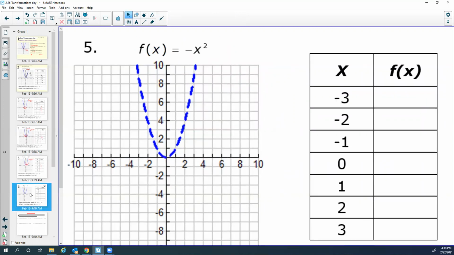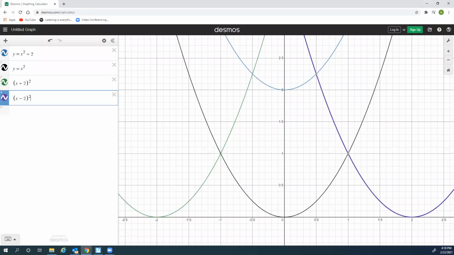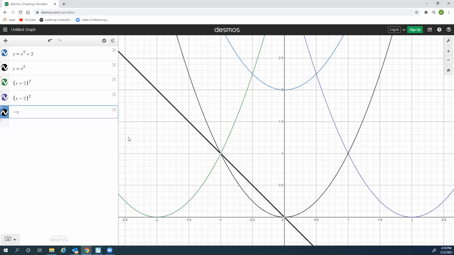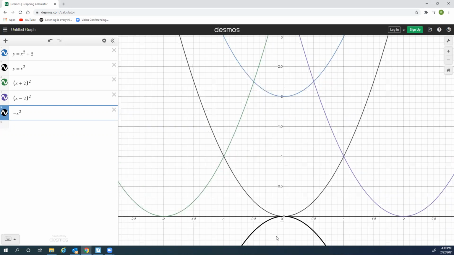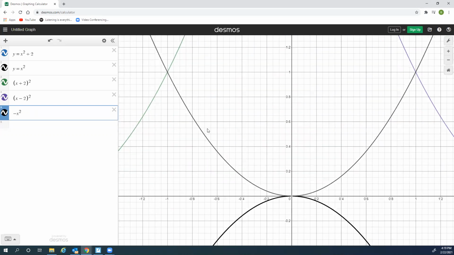All right, the last one we're going to talk about for today, negative x squared. Let's take a look at our Desmos and see in our calculator what this one's going to look like. I can see it just barely down there at the bottom. Notice I'm right here.